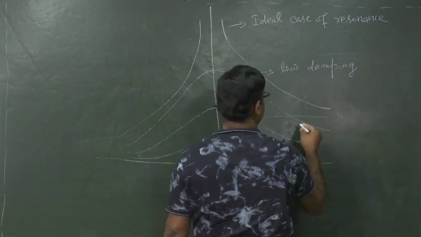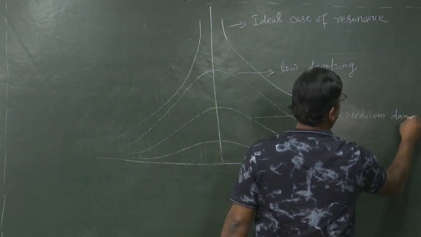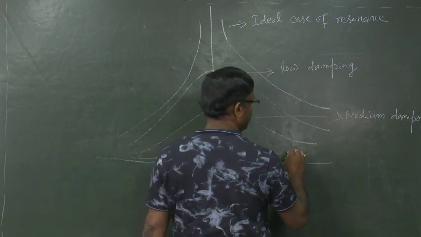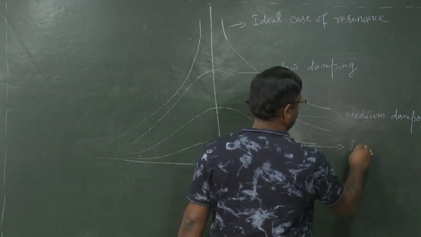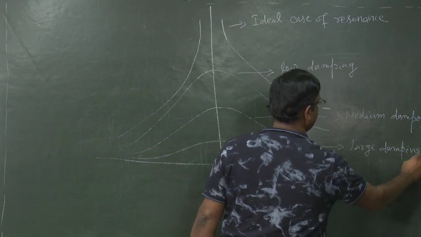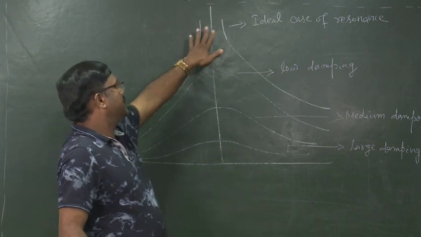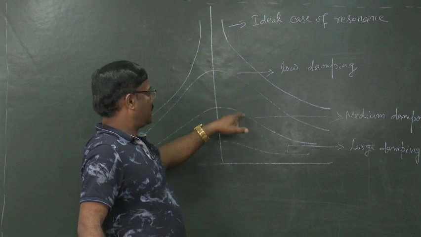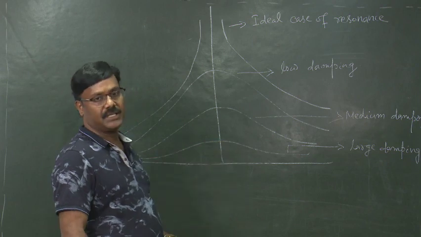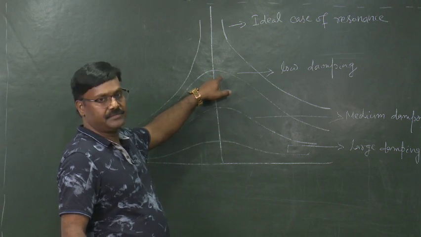This represents medium damping, and this one represents large damping. Here we have shown this is the ideal case of resonance, and these are the cases of damping. Here the damping is very large, hence the sharpness is very small, and this is the case of low damping.